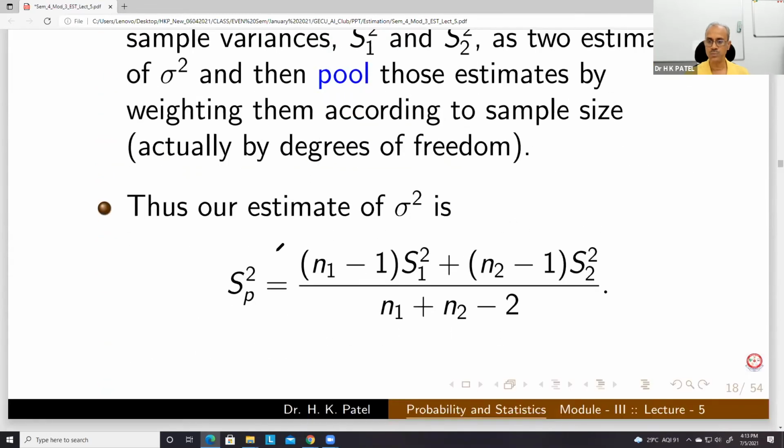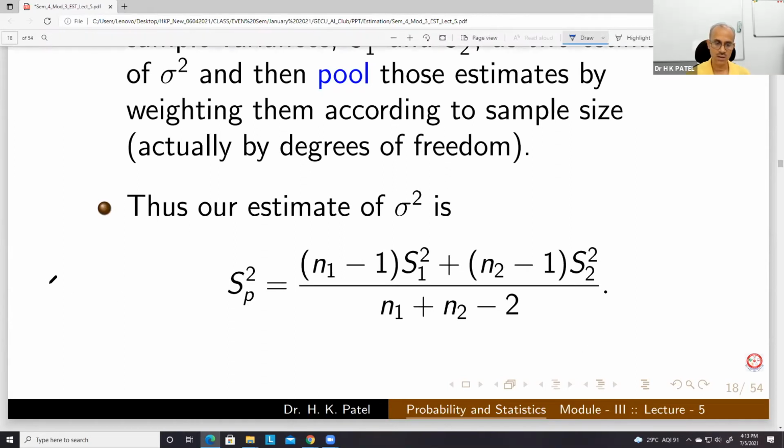This is called the pooled sample variance, SP square. It is nothing but the weighted mean of S1 square and S2 square.